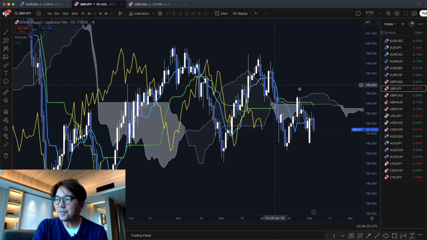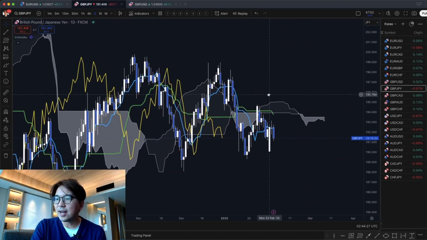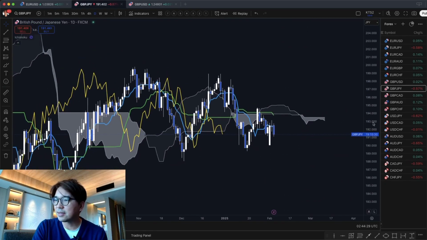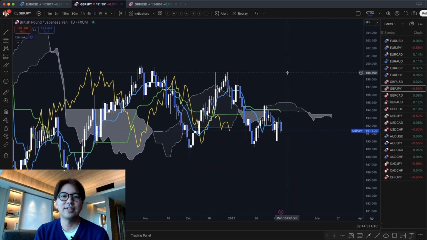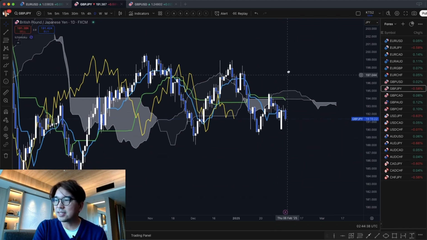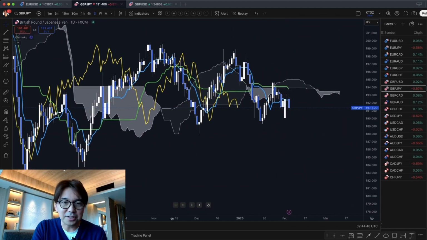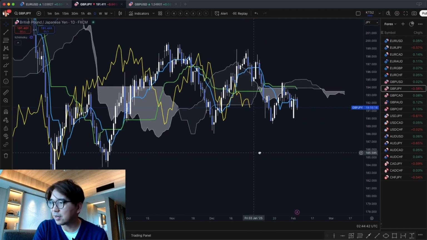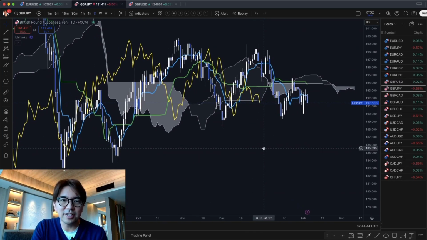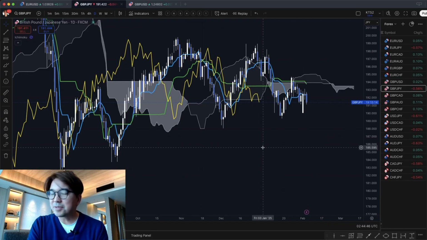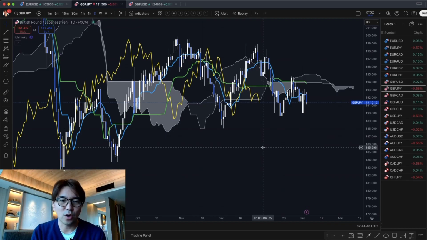So first, please take a moment and think in your head, how would you draw the lines in this market? There are multiple support resistances. Let me just try to fit the whole chart on the screen so that you see the whole ups and downs, highs and lows, and so on. So first, take a moment and see how you would draw the lines on this one.